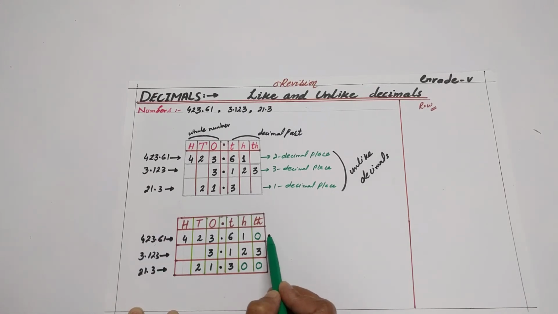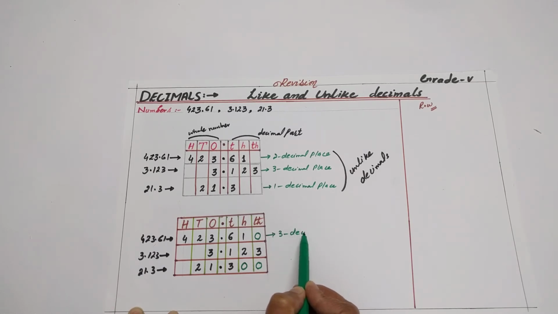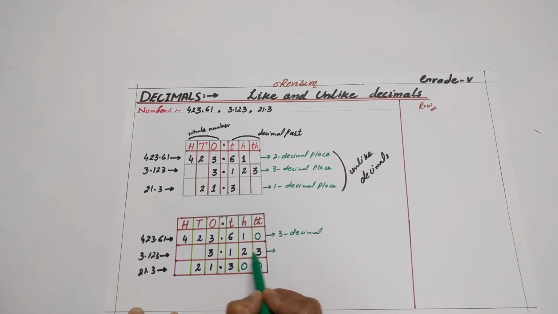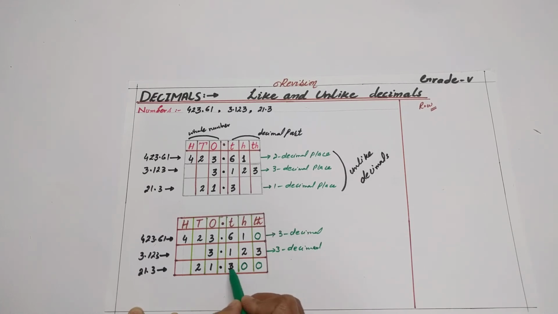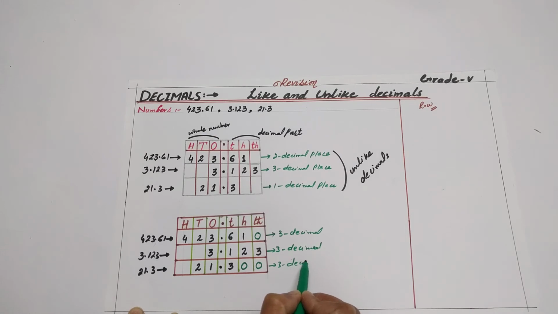Now this one is 3 decimal places, this is 3 decimal places, 1 2 3, this is also 3 decimal places, and 1 2 3, this is also 3.